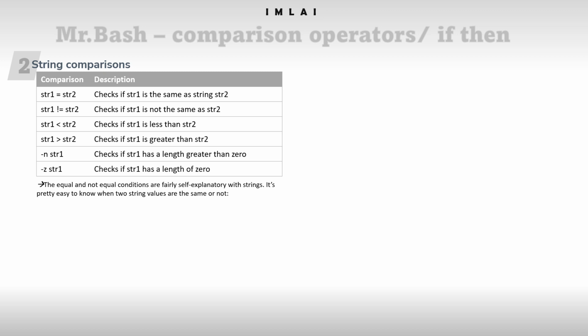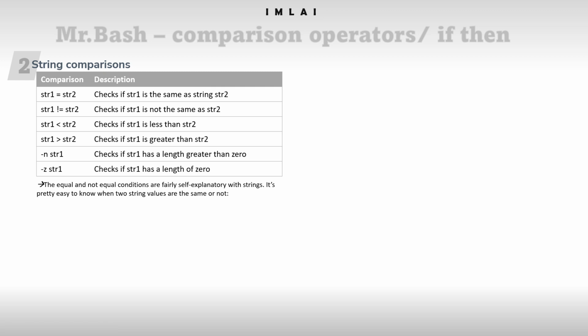Okay, so if you look into this, before we have seen arithmetic comparison, the logic to compare between argument 1 and 2, but here these are string comparisons. In the first comparison, string 1 equal to string 2, it checks if all characters of string 1 and string 2 are the same.